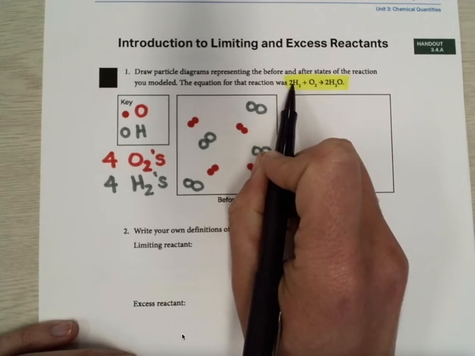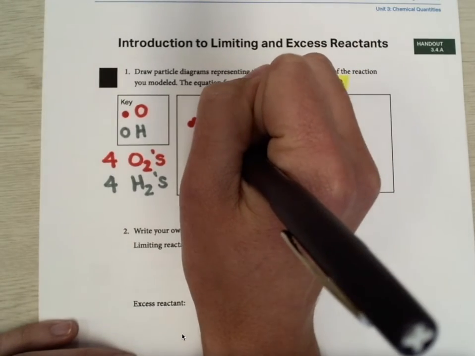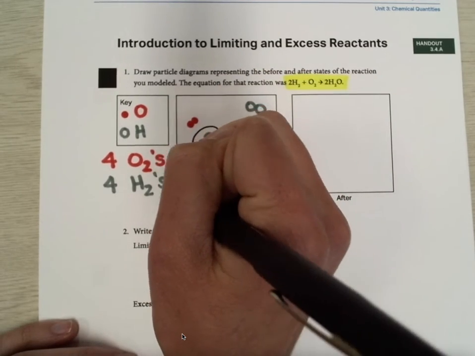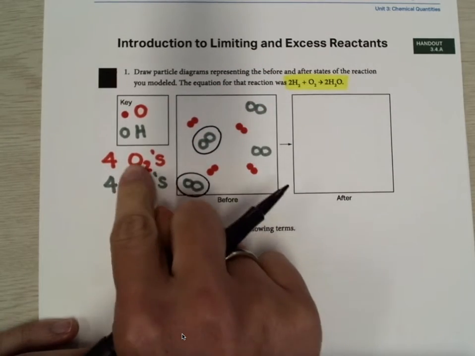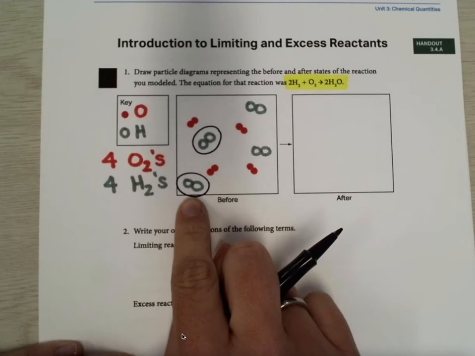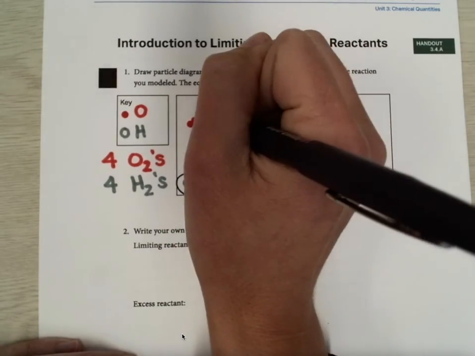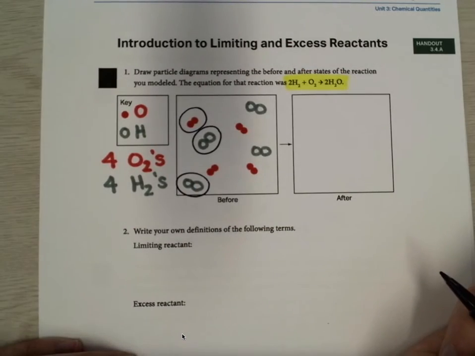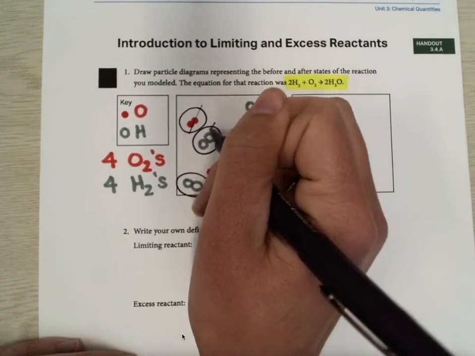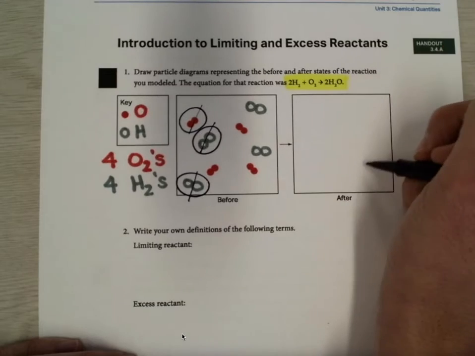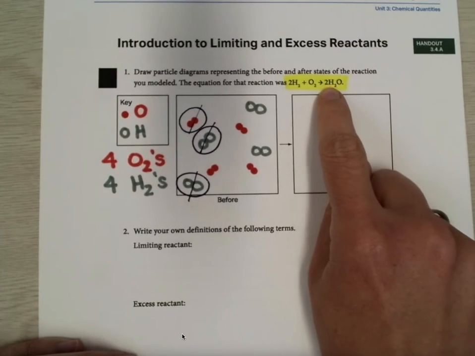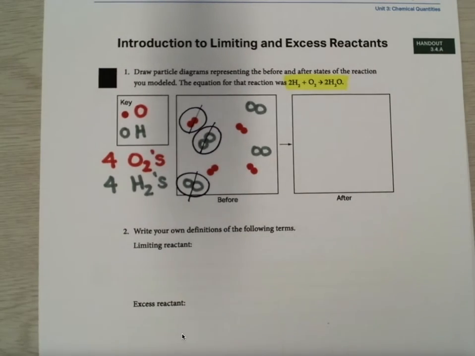Right? So it says 2 hydrogens. So I'm going to circle 2 hydrogens. Those are my gray open circles. Okay? And 1 oxygen. So let's just pick one of those. And those are going to bust apart. And in my after box, I'm going to be forming 2 waters.